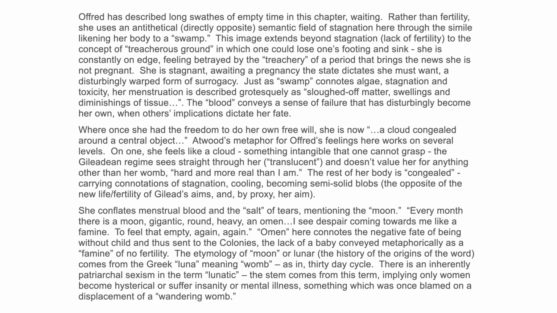She's constantly on edge. She's feeling betrayed by the treachery of a period, having a period, that brings the news that she's not pregnant. She's stagnant, awaiting a pregnancy that the state of Gilead dictates she must want, a disturbingly warped form of surrogacy.